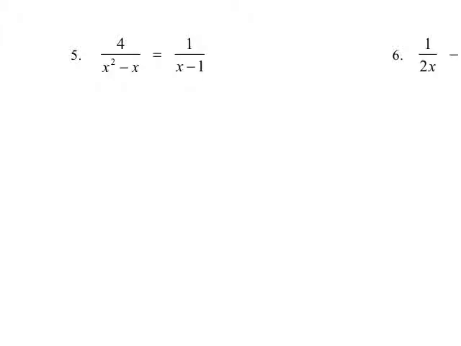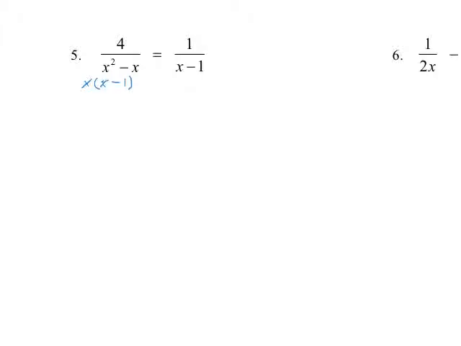Let's move on to example 5. In example 5, now our denominators are a little bit more complex. So we'll start by looking on the left-hand side, and we'll factor this denominator. We can take out a common factor of x, so that denominator is the same as x times x minus 1.